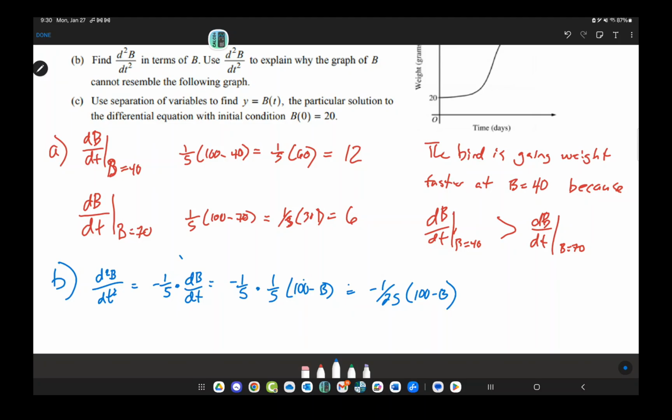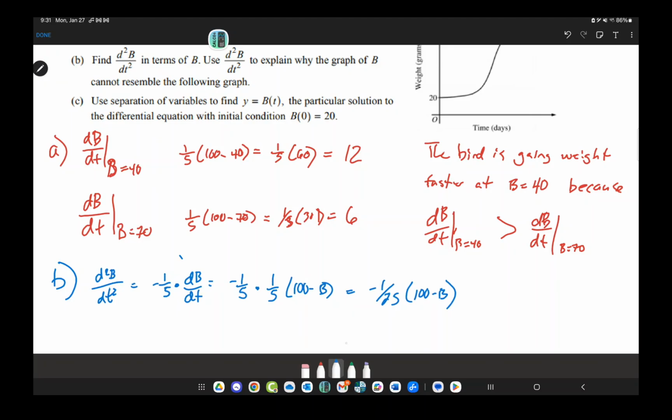So my second derivative function is decreasing. Do you remember what it means when your second derivative is negative? Your function is concave down. Look at your graph. Only part of it is concave down. So that's why this graph cannot be used to represent my function, because only part of this graph is concave down.